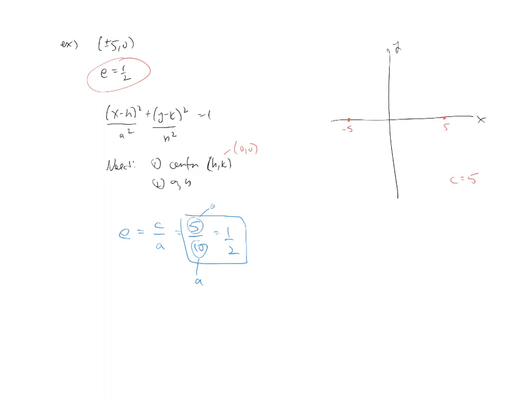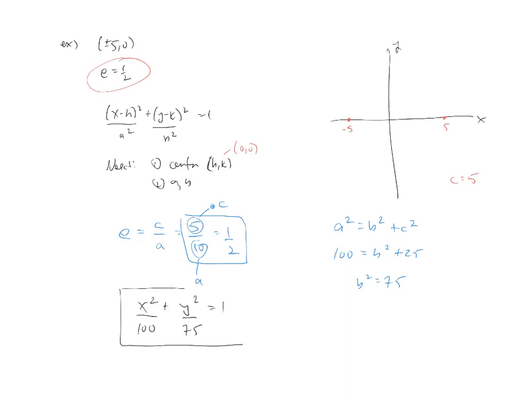So our c value is 5, our a value has to be 10. To find the b value, a squared equals b squared plus c squared. We'd have 100 equals b squared plus 25. So b squared equals 75. Putting it all together, the major axis is x, so the larger number, the a squared, goes under the x, and the 75 then would go under the y since it's the minor axis. So there's the equation of the ellipse with the given information.